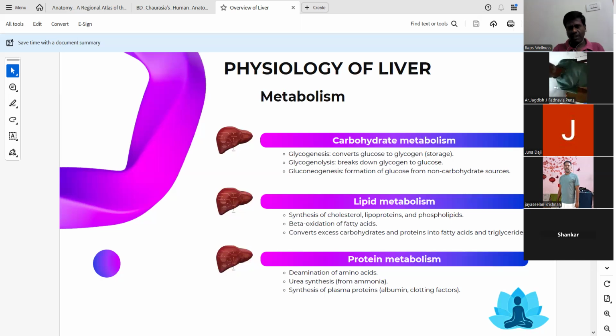So if you take first the carbohydrate metabolism, it is involved in glycogenesis, that is converting glucose to glycogen. So when the blood has an excess of sugar, which is not required by the body to be utilized immediately, that glucose is converted into glycogen and stored here.